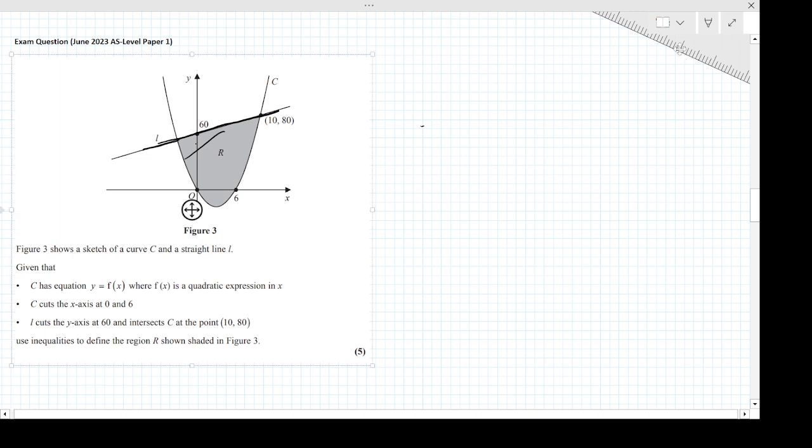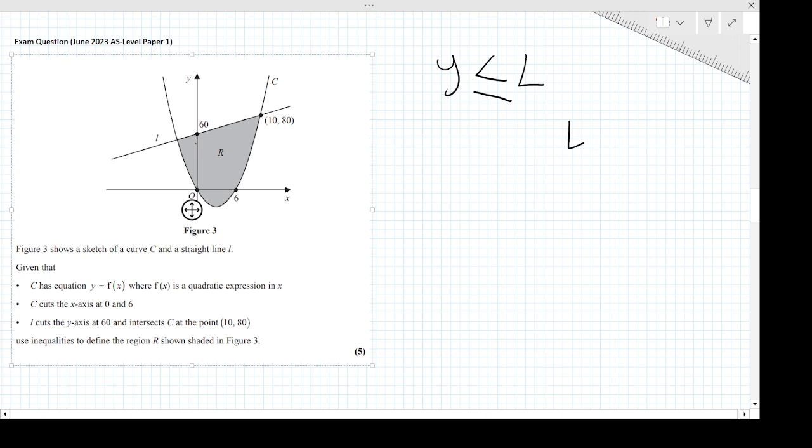So that means for our line L, we want y to be less than L. Is it less than or less than or equal to? It's going to be less than or equal to because the line is not dotted. It's filled. So it'd be y less than or equal to L.